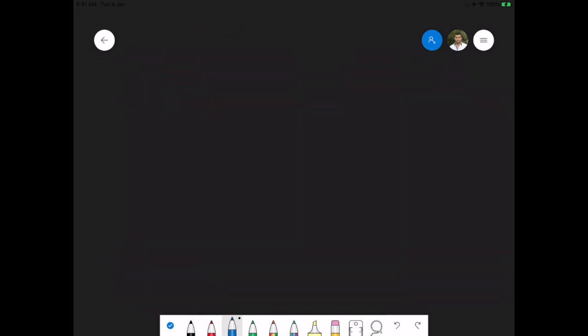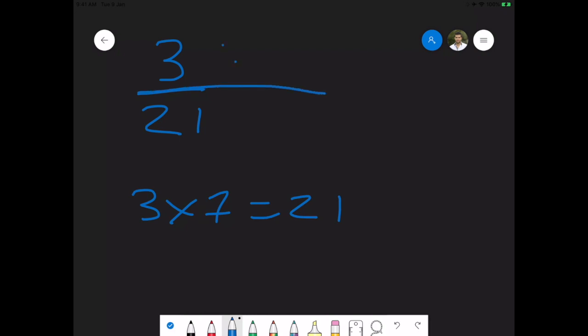Let's try another one. Let's try 3 out of 21. In this situation, I know that 3 is a factor of 21 because 3 times 7 gives us 21. Therefore, I will divide both by 3. 3, of course, is the biggest factor of 3.